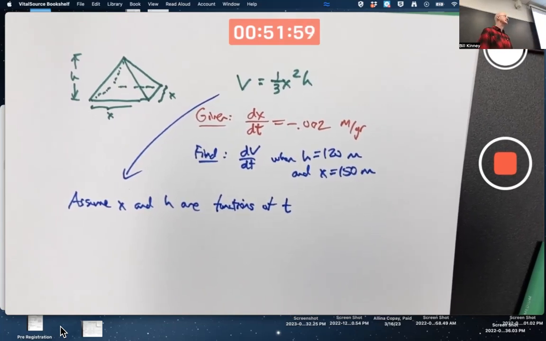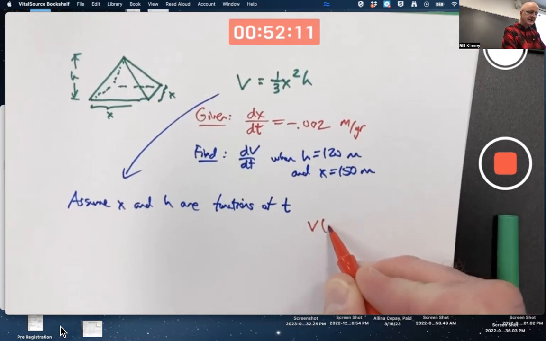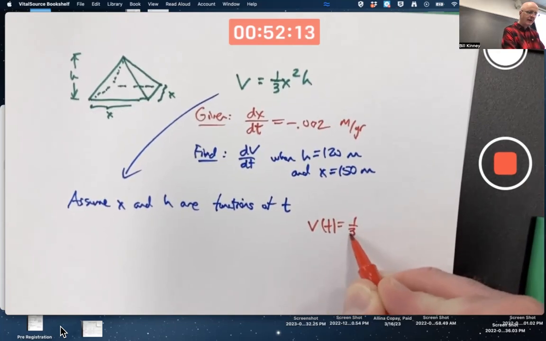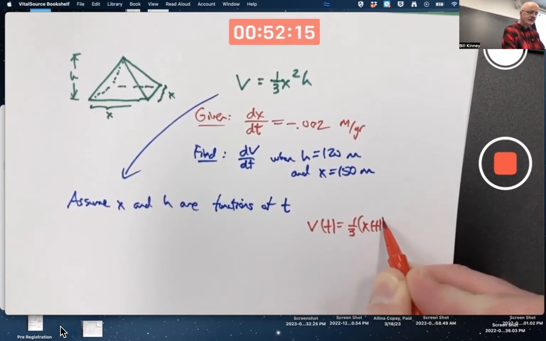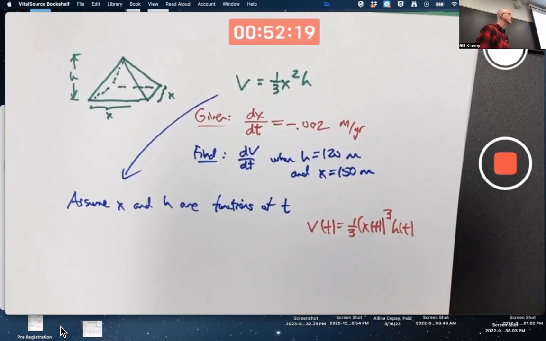But you don't see any t's in that equation. It's okay. I mean, you could put t's in there if you wanted to. You could write it as V(t) equals 1/3 x(t) squared times h(t). That probably would be better, to tell you the truth.